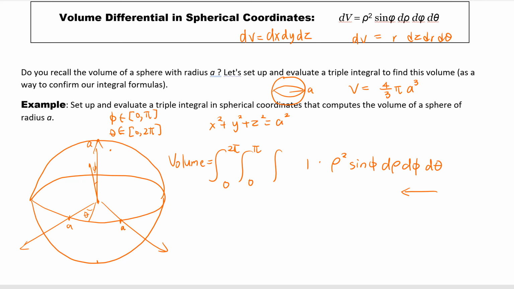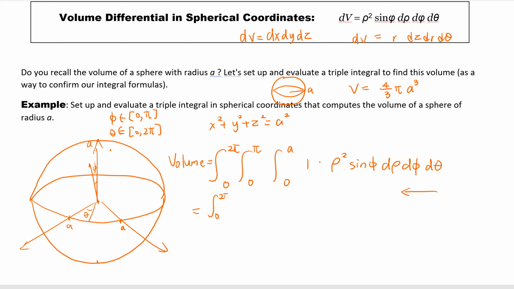Now how about our rho? It's the whole sphere. So from 0 to, what's the radius of the sphere? A. Okay, everybody? Now let's integrate. First, let's integrate with respect to rho.